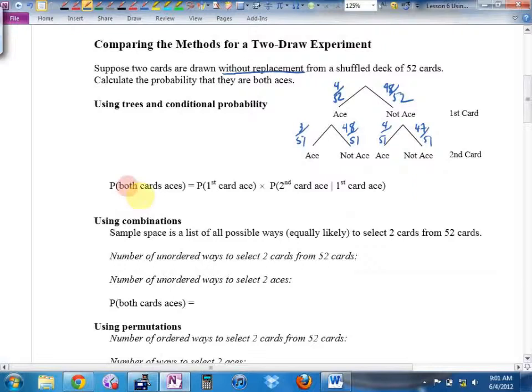The probability that both cards are aces is the probability the first card is an ace times the probability that the second card is an ace, given that the first card is an ace. It's that times that.